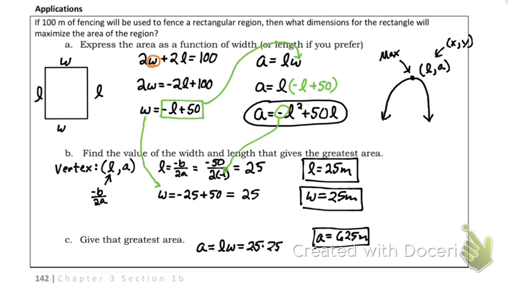So like I said, in your homework, the hardest part is you're not just going to have a rectangle or a square. It's going to say something like one side of a barn, which means you have 2W plus L equals 100, which means you have to simplify it slightly differently. But the overarching thing in the homework is pretty much the same. You come up with your perimeter, use your perimeter to change your area to be a quadratic going down, and then we use negative B over 2A to find your input.